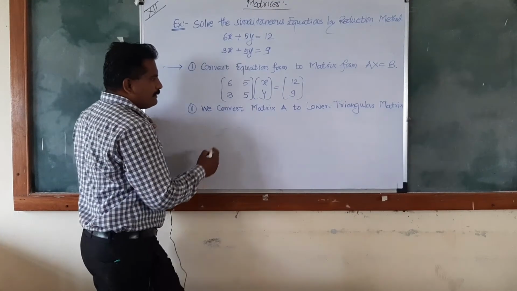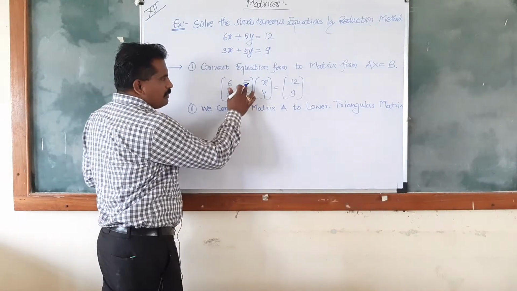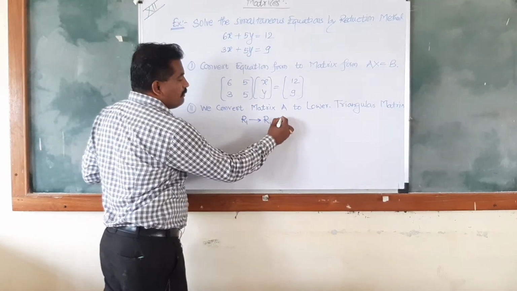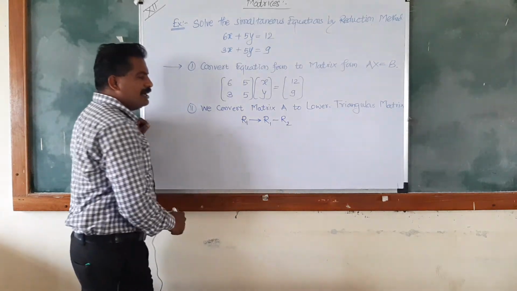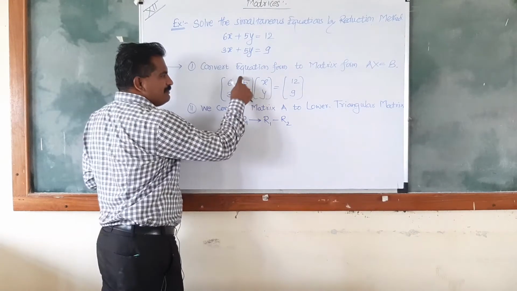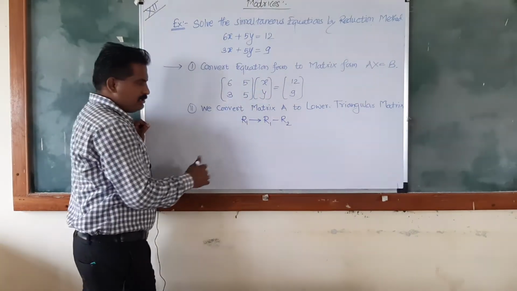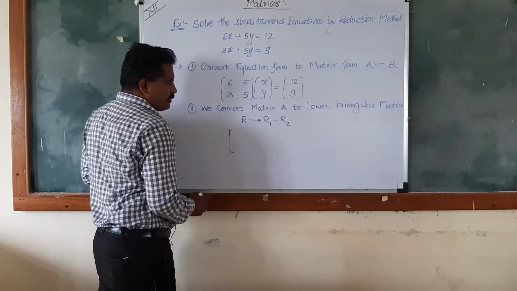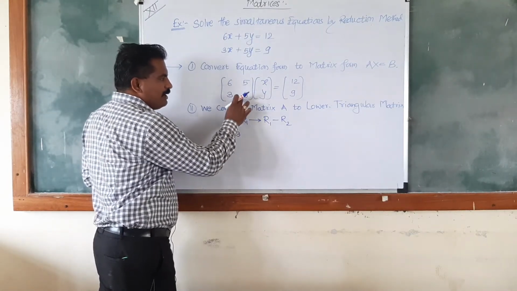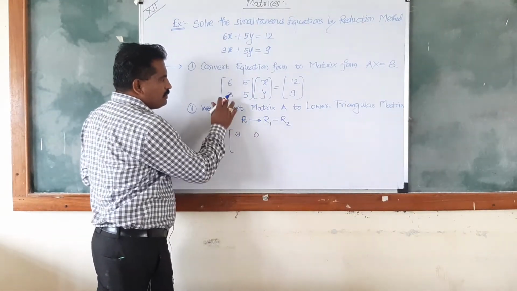Therefore, the operation should be R1 changes to R1 minus R2, so this element must be 0. 6 minus 3 is 3. 5 minus 5 is 0.